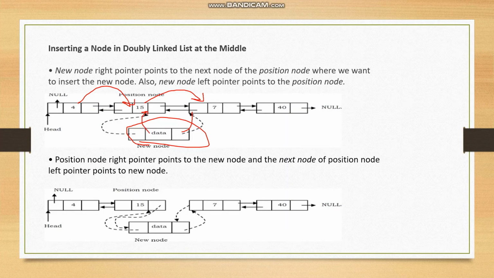And the same thing we will do the other way: we point the next of the second node to the new node, and the previous of the third node to the new node here.